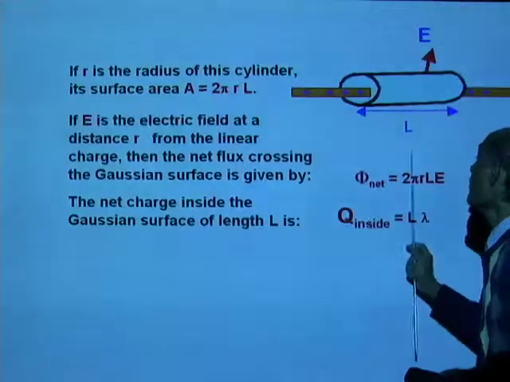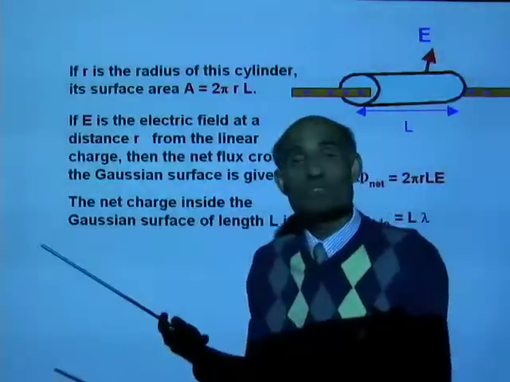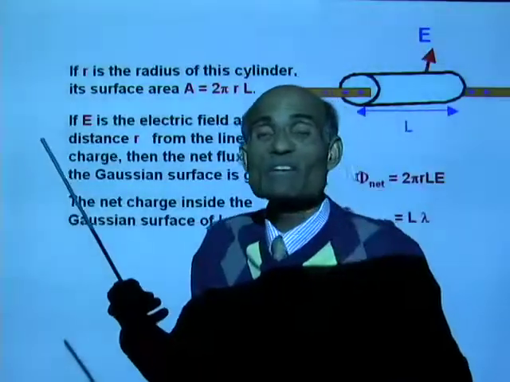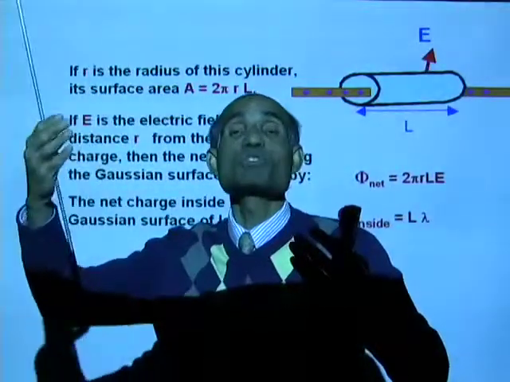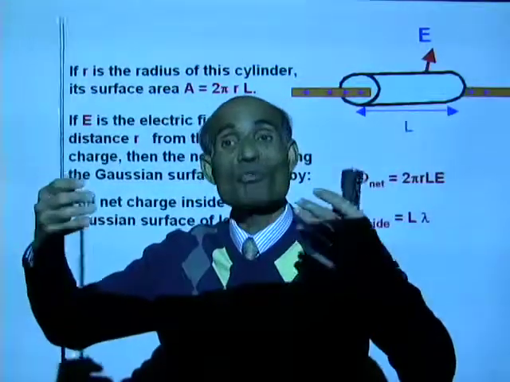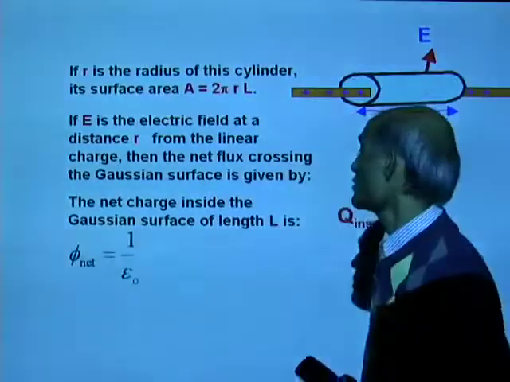Now we know phi net, we know Q inside, we can now use Gauss's law. Phi net equals 1 over epsilon naught times Q inside, or 4 pi k times Q inside, whichever equation you want to use.